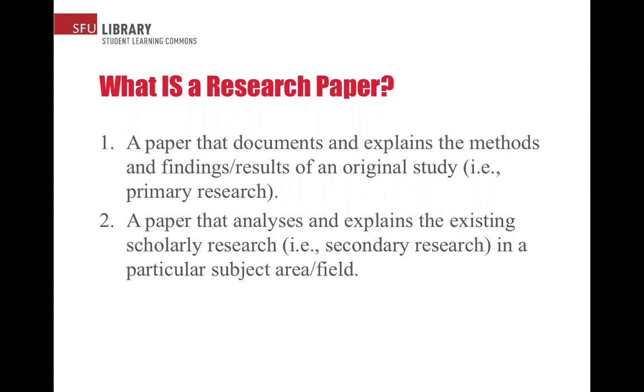Common sections in papers in category 1 are introduction, literature review, methods, results and findings, discussion, conclusion, and references. While these headings are not necessarily needed in all research papers in category 2, they're all relevant aspects of research for you to be analyzing when you read secondary sources.